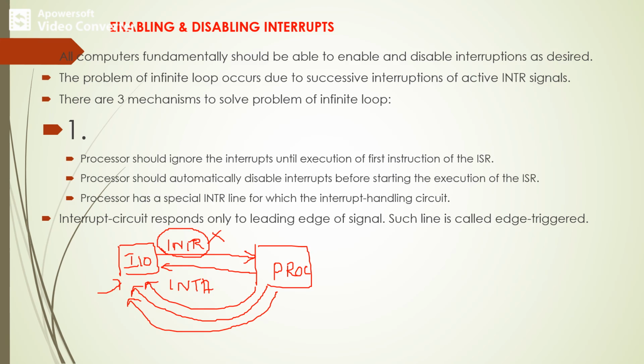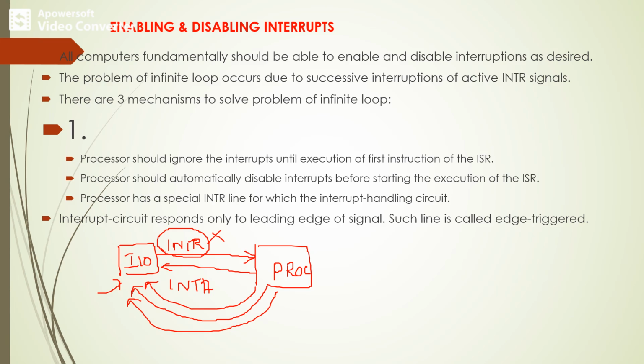That may lead into an infinite loop. That means the activated signal, if not deactivated, may lead to successive interruptions. There may be n number of interruptions causing the system to enter into an infinite loop.